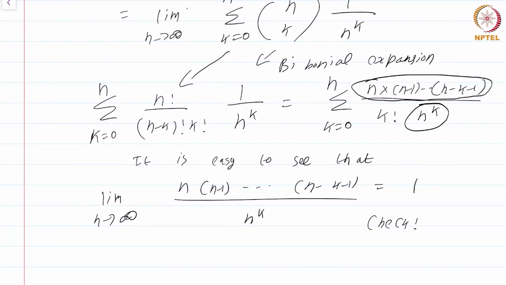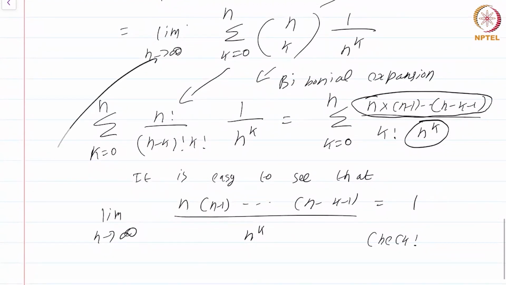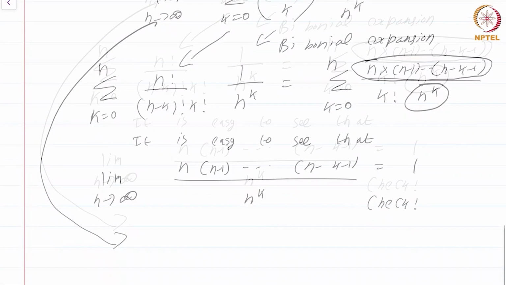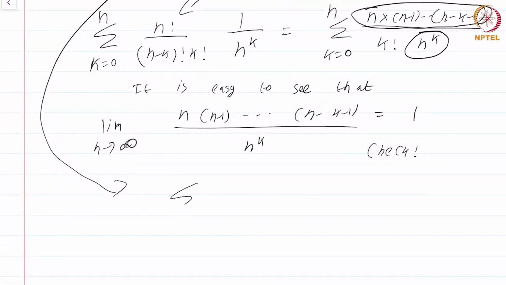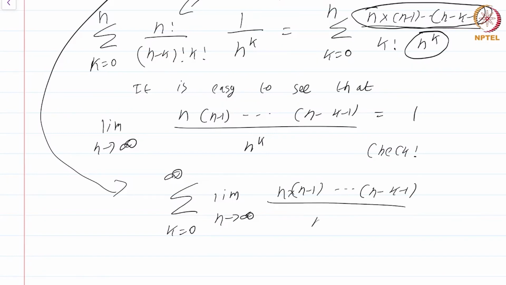Well, imagine you have this expression, limit n going to infinity of summation k equal to 0 to n. What if I could pull this trick? What if I could write this as summation k equals 0 to infinity of the limit as n goes to infinity of n into n minus 1 dot dot dot n minus k plus 1 by n power k times k factorial?